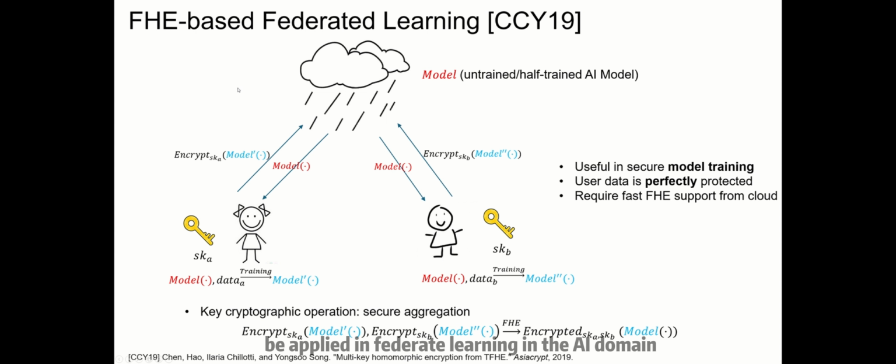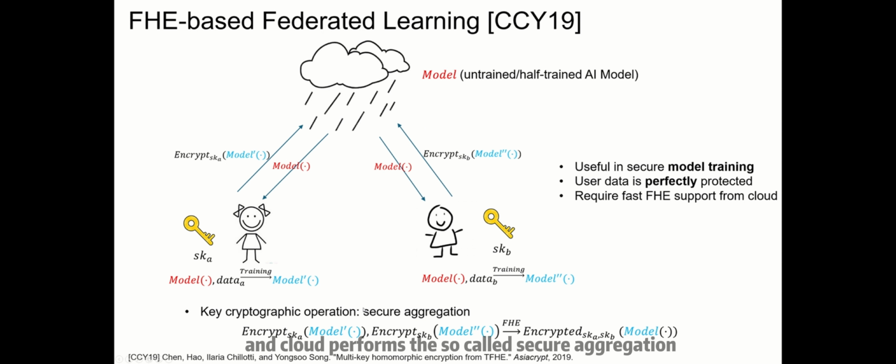FHE can also be applied in federated learning in the AI domain. So in this example, the cloud has a model and distributes the model to Alice and Bob. After receiving the model, Alice and Bob train the model locally, using his or her own data, denoted as data A and data B, to get a local model. And after local training, Alice and Bob encrypt the model with his or her own secret key SKA or SKB and upload this model to the cloud.